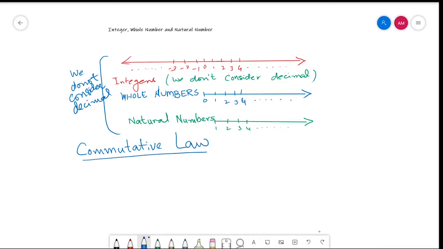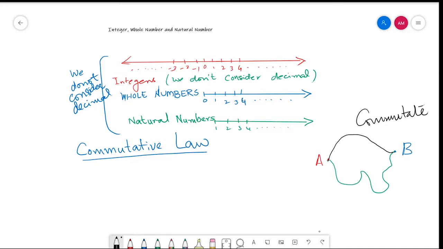For example, we have a point A and we have to go to point B. There may be a road coming from here, or if your parents are driving, they can go to point B by another road. So this is a commute, meaning you have alternate routes for the journey.